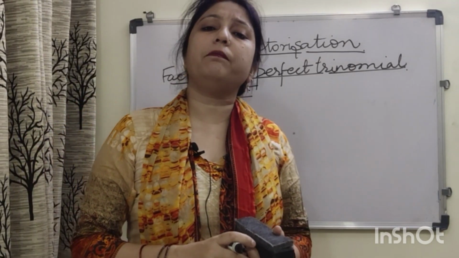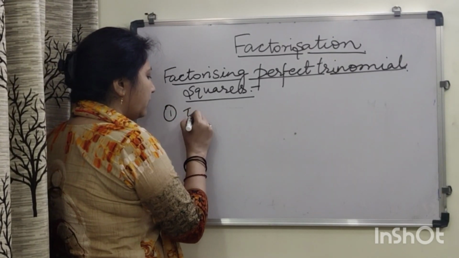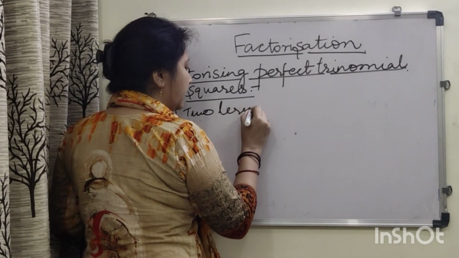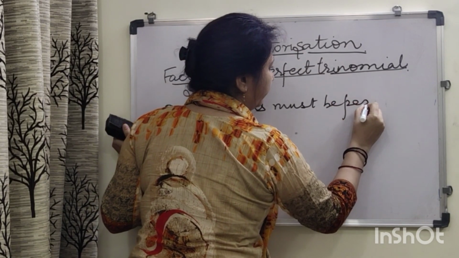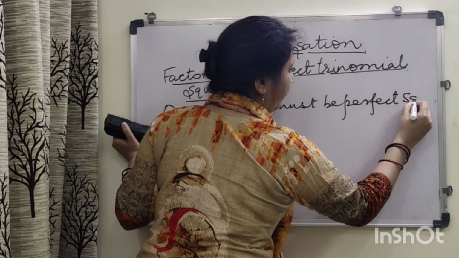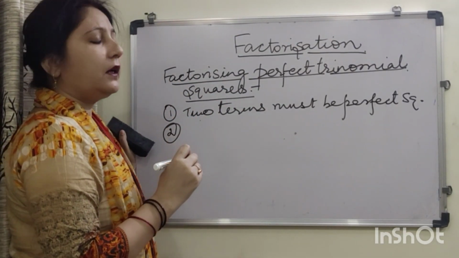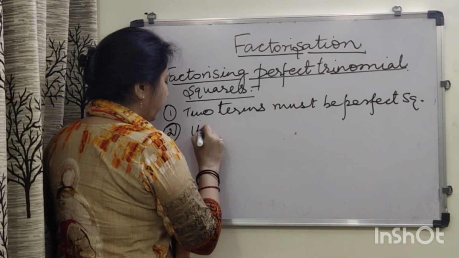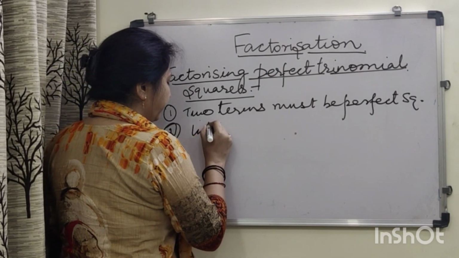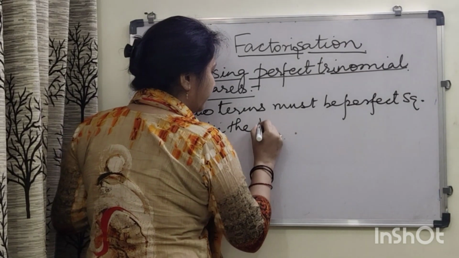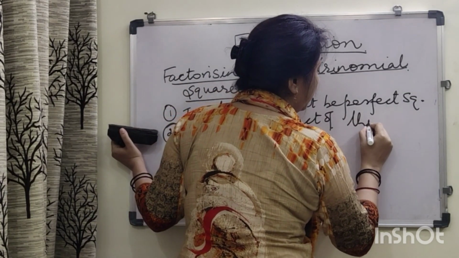For the factorization of perfect trinomial squares, two things are there. First, two terms must be perfect squares. And second thing, the third term will be twice the product of, not the product of only, it will be twice the product of the two terms.